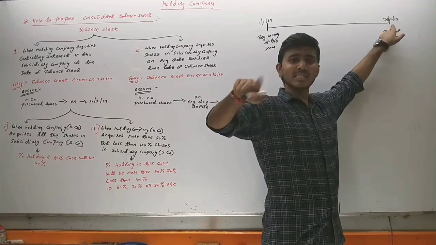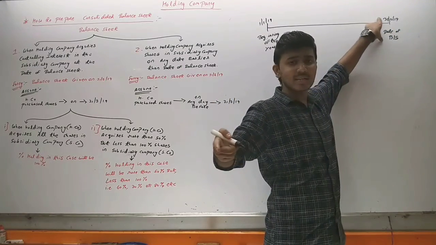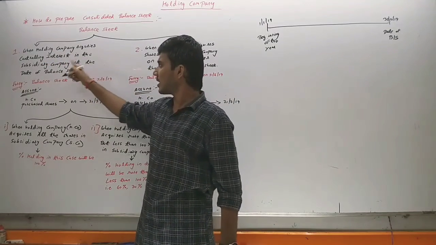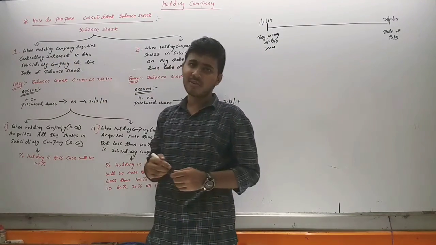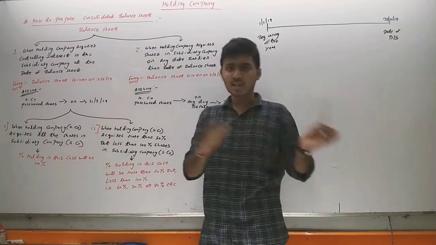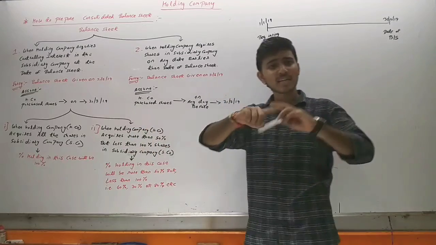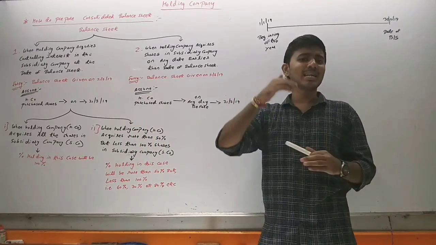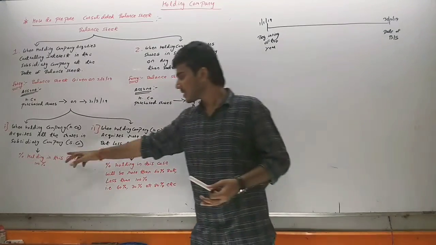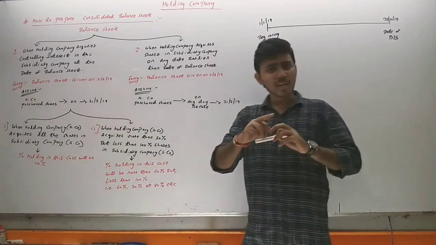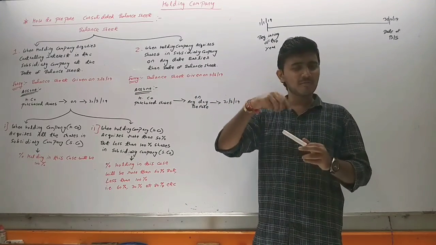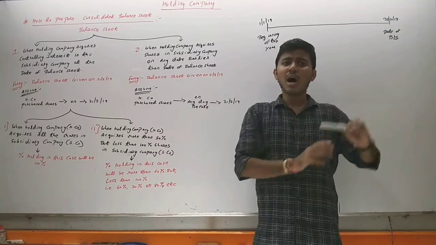If the holding company purchases the shares at the balance sheet date, then it comes in our first case, that the holding company acquires controlling interest in the subsidiary company at the date of balance sheet. We have seen that at the date of balance sheet, the holding company can purchase all the shares or more than 50% and less than 100% of the shares. If it purchases all the shares, then percentage holding will be 100%. If it purchases more than 50%, less than 100%, then percentage holding will be between 50% and 100%.